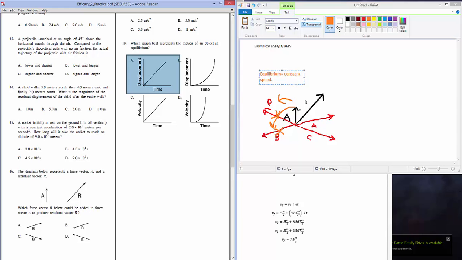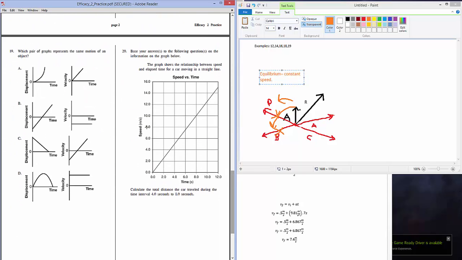So if your position is flat like this, it means you're going at a constant speed. This one, if it's curving in displacement, is a case of acceleration. So choice B, acceleration. D, really crazy acceleration. C is also acceleration. The only one with a constant speed is choice A. So choice A would be the correct one for 18.